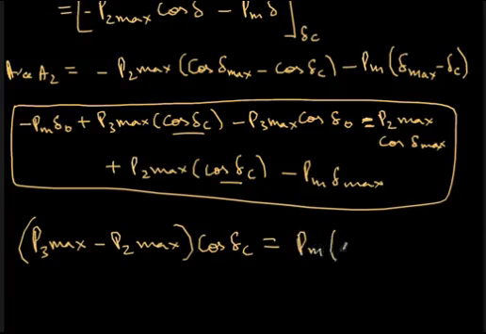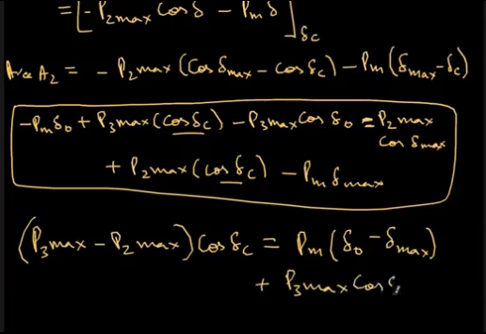So Pm into delta naught minus delta max. Then this term goes to the right, so it becomes P3 max cos delta naught.